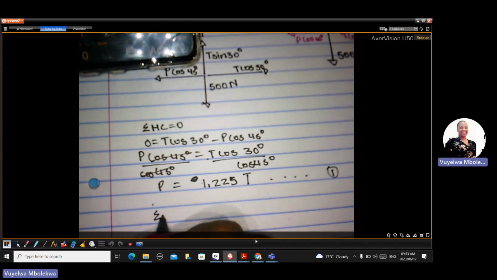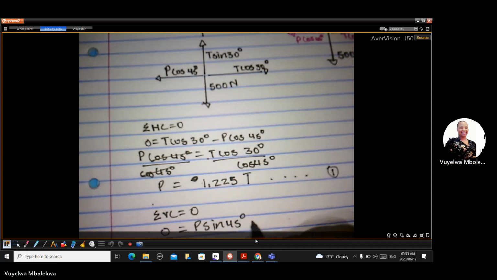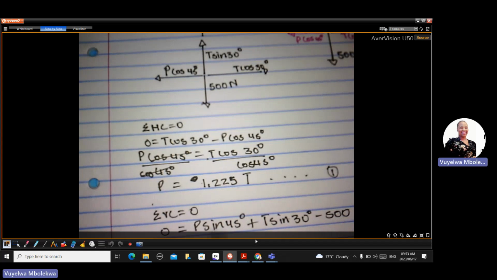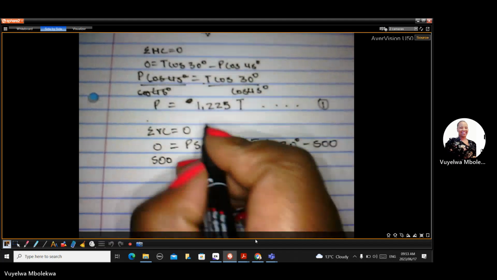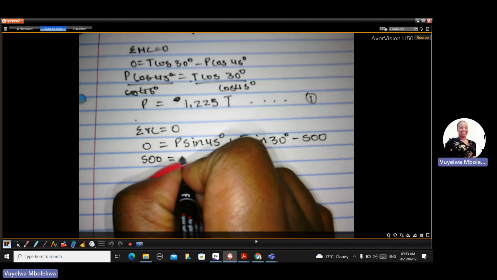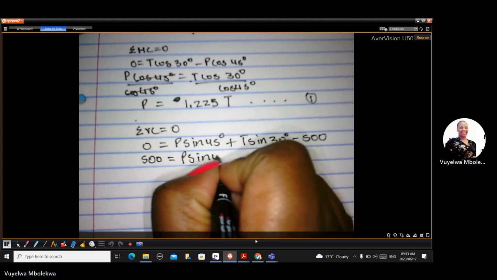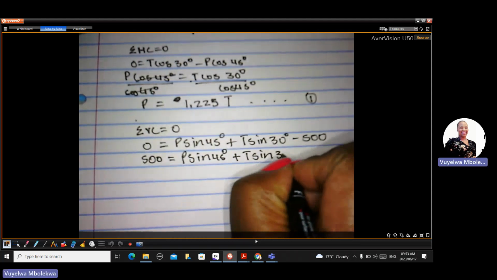Then if we go to the vertical components, it's going to be 0. There we have upward P sin 45 plus T sin 30 minus 500. So we can bring 500 this side, and then it will say 500 equals P sin 45 plus T sin 30.